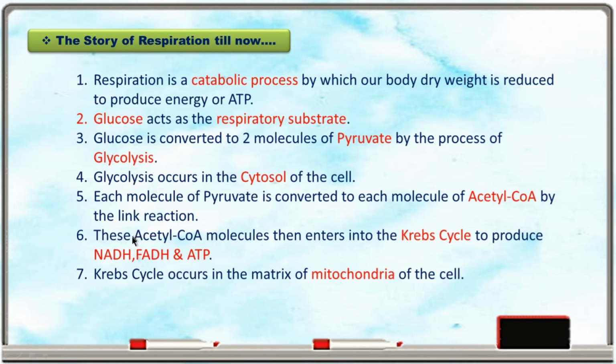Then the link reaction products, which are acetyl-CoA molecules, enter into the Krebs cycle to produce NADH, FADH2 and ATP molecules, to generate ATP during the electron transport system or electron transport chain or oxidative phosphorylation step. And at the last, the Krebs cycle occurs in the matrix of the mitochondria of the cell. So this is the story of respiration till now.